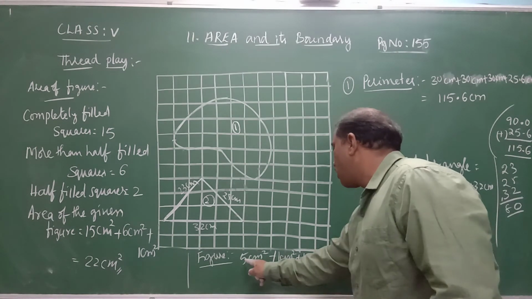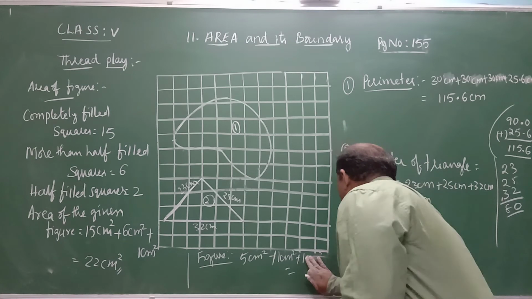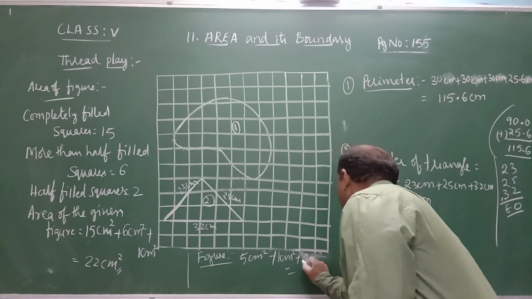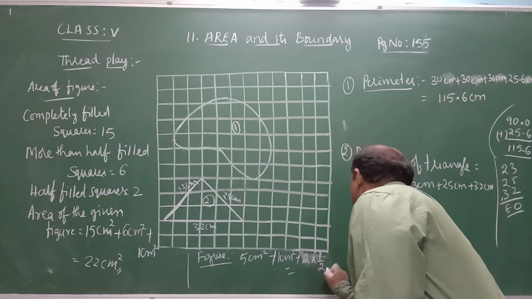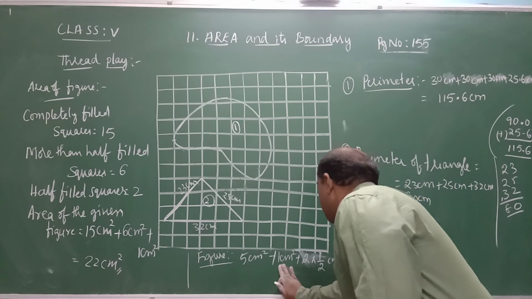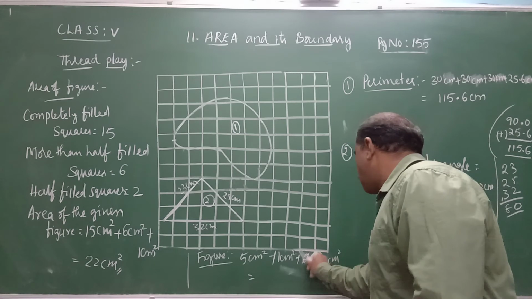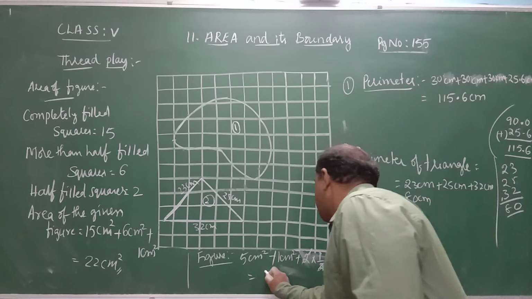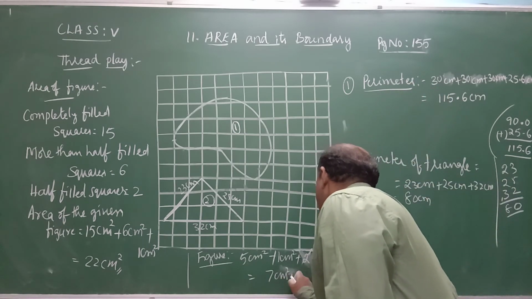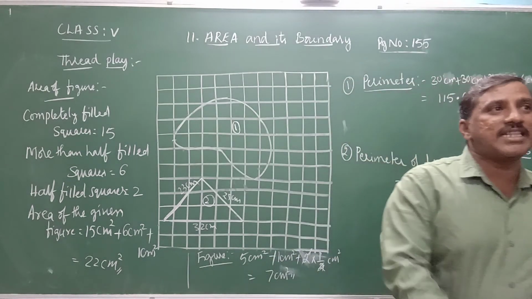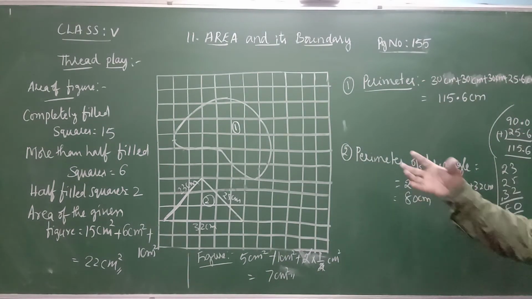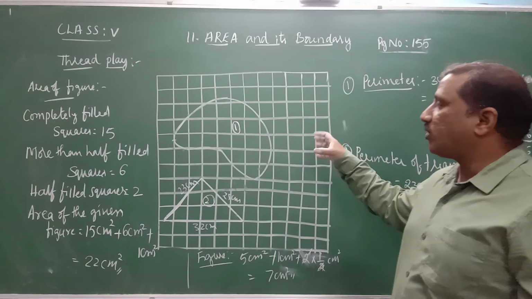Or you can take the 2, each one is half centimeter square, 2 into 1 by 2 centimeter square. That is equal to 1. 5 plus 1, 6. 6 plus 1 is 7. 7 centimeter square.